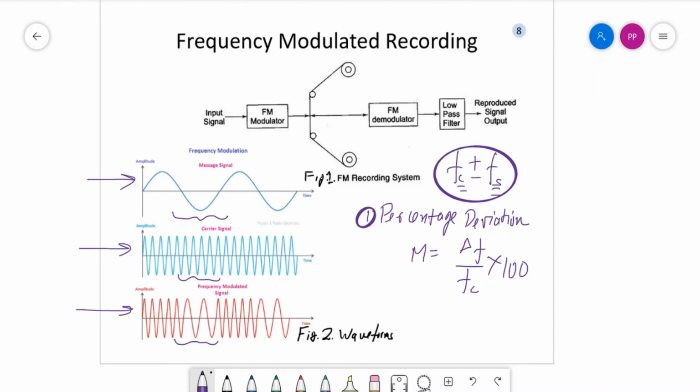Another parameter which we'll discuss in the frequency modulation technique is the deviation ratio. What is the deviation ratio? Whatever is the deviation in the frequency, delta F, divided by the frequency of the input signal is basically the deviation factor.